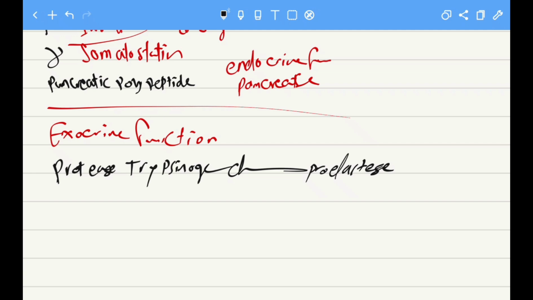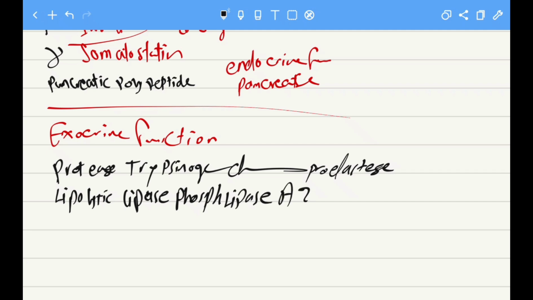And there are lipolytic agents like lipase and phospholipase A2, and starch digestion by amylase.